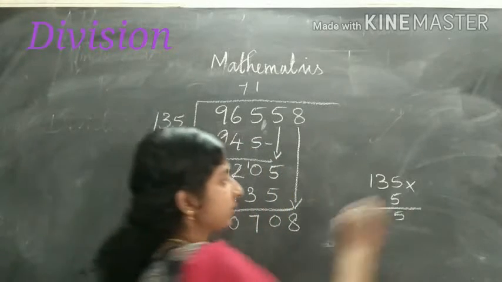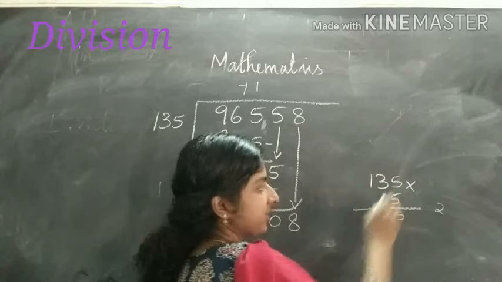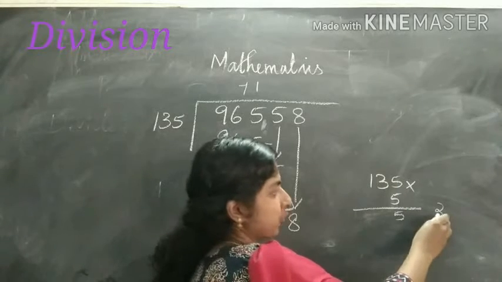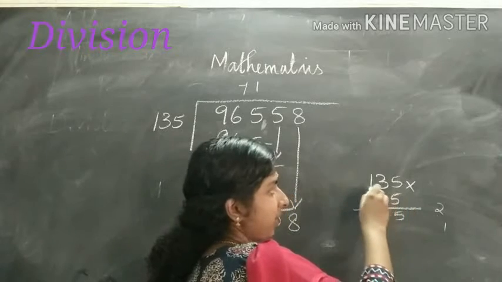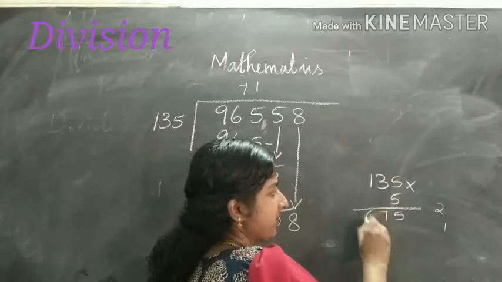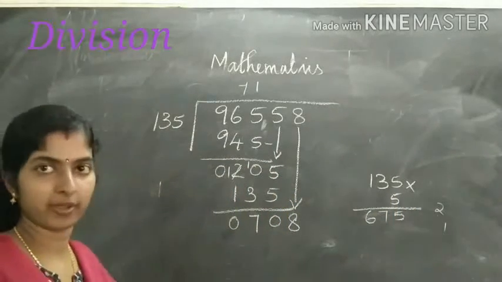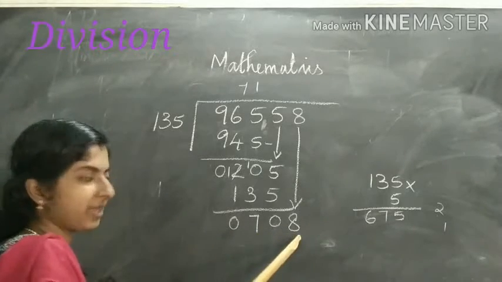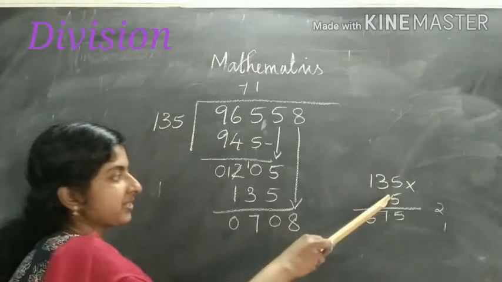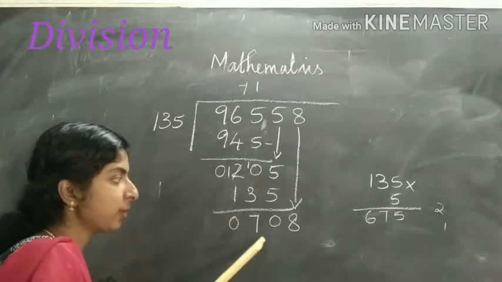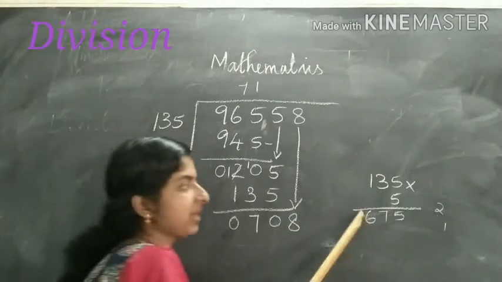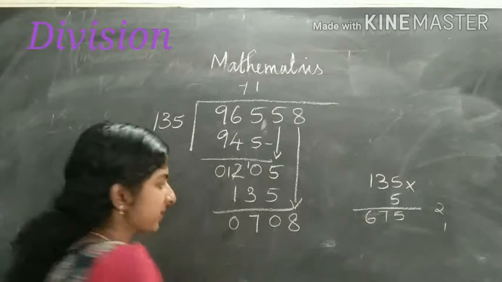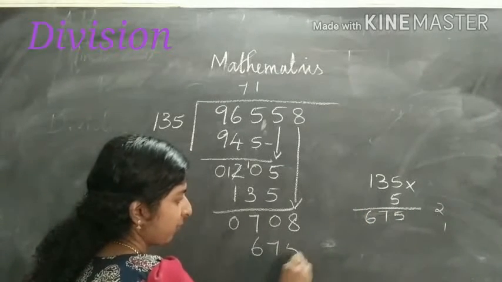Then 2 is balance. 5 3s are 15. 15 plus 2, 17. 7, 1 balance. 5 1s are 5. 5 plus 1, 6. 675. Here 708. Then 6 times we will get the answer more than 708. That is not possible. So we take 675.